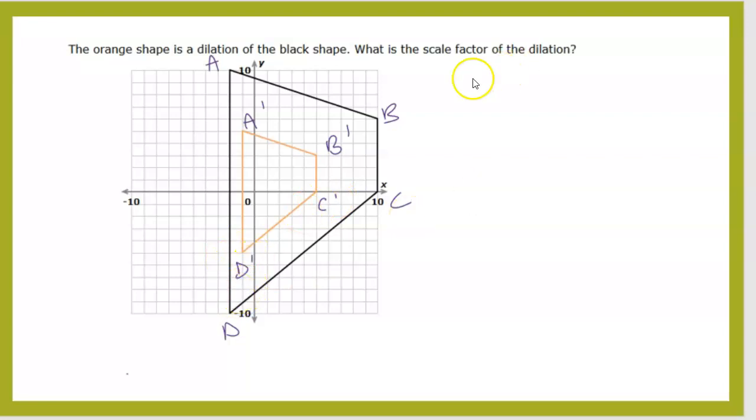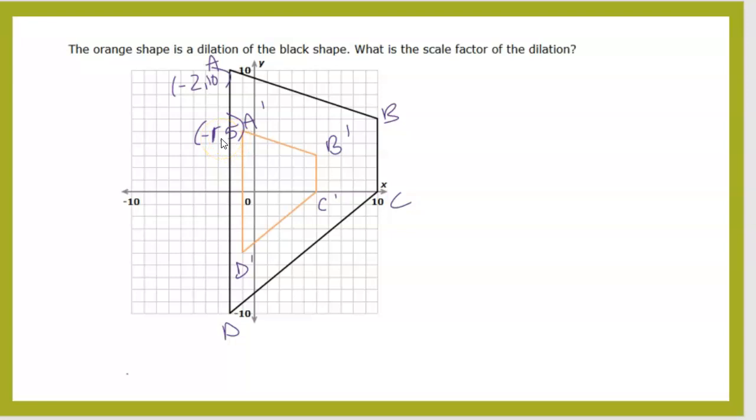So let's look at some of our coordinates. -2, 10. We really should just have to compare one of the coordinates, right? They should all match. -1, 5. So how did we change from A to A prime?